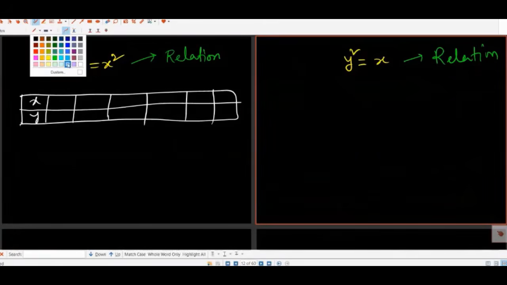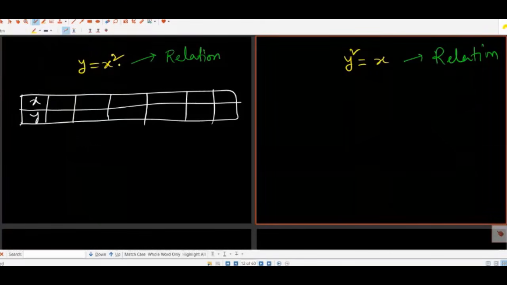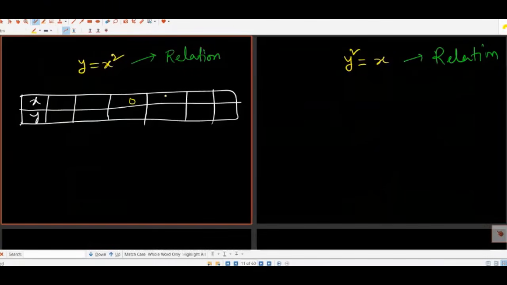So let's input some values of x for this relation. We are plugging 0, 1, 2, -1, -2, where we have x. We can also rewrite this relation as y equal to (x) squared. This will be easier for us to calculate. First we are going to plug 0. 0 squared is 0.